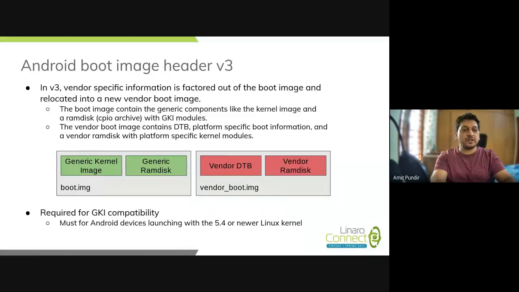The vendor boot image, which is loaded from a new vendor boot partition now, contains the vendor device tree blob, a vendor RAM disk with platform-specific kernel modules, and platform-specific information like page size, load addresses, kernel command line, etc. Version 3 header is a requirement for GKI compatibility and therefore a must for Android devices launching with 5.4 or newer kernels. Next slide, please.